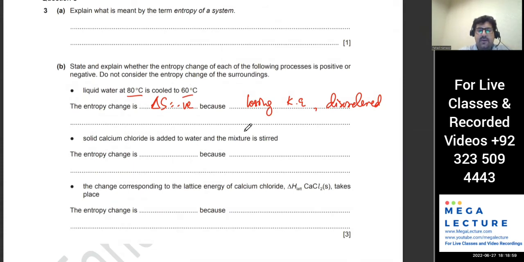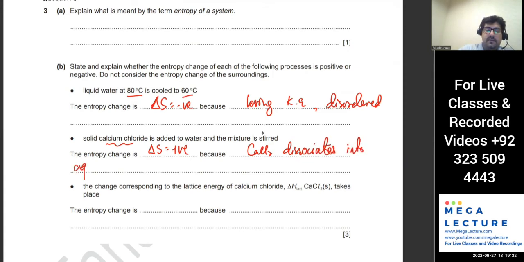Calcium chloride is added to water and the mixture is stirred. So that is dissolving, the dissociation of a crystal. So more disorder, right? And why? Because calcium chloride dissociates into aqueous ions and more particles are produced.